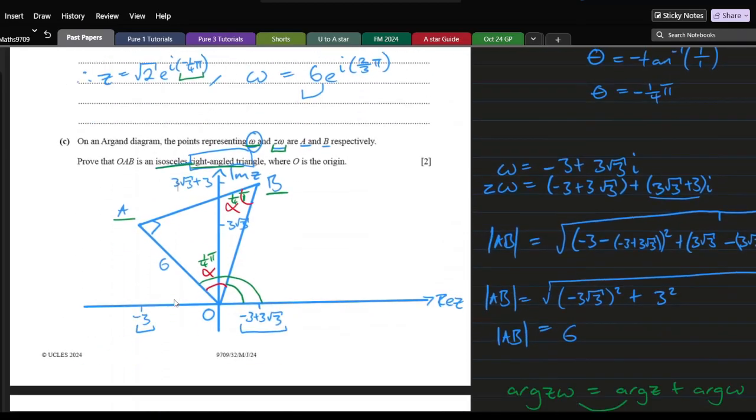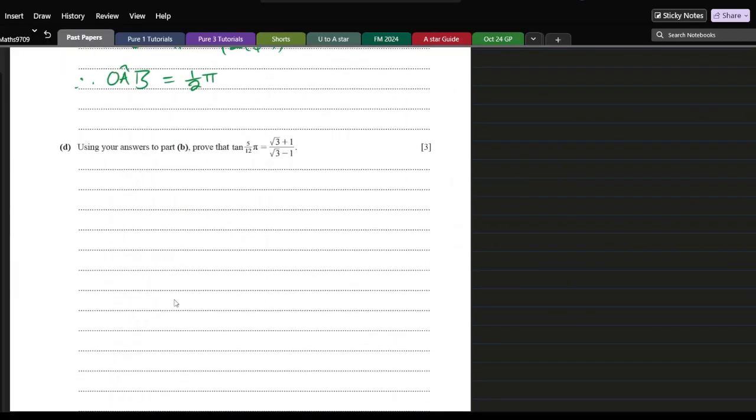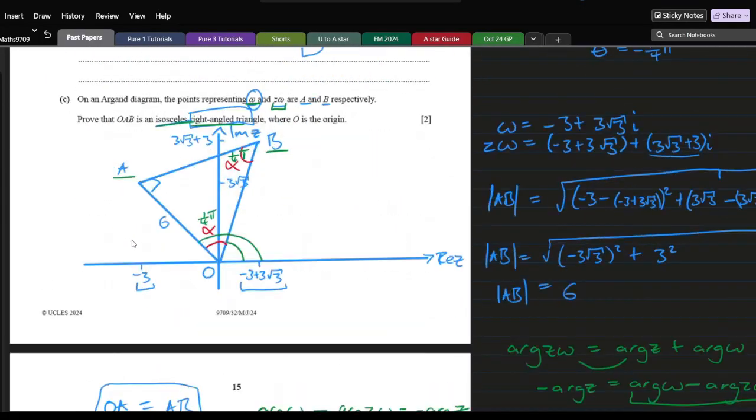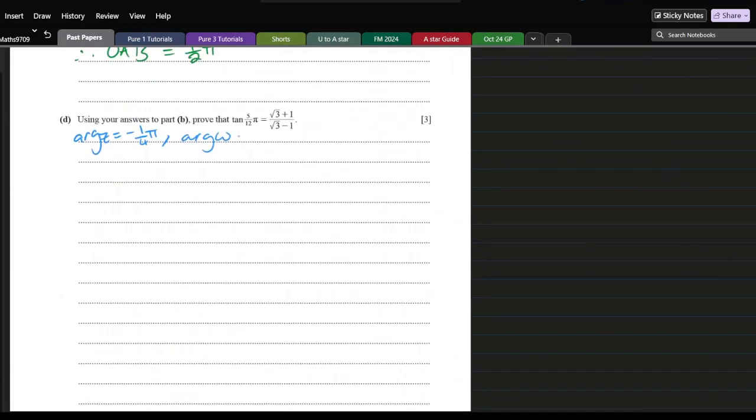So I'm just going to put those on the side and we'll get back to them. The argument of z is negative 1 over 4 pi, and the argument of omega is 2 over 3 pi.